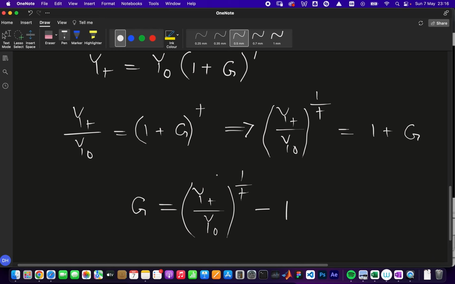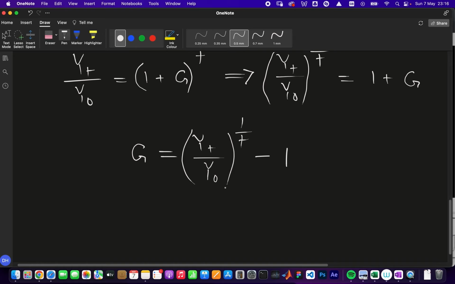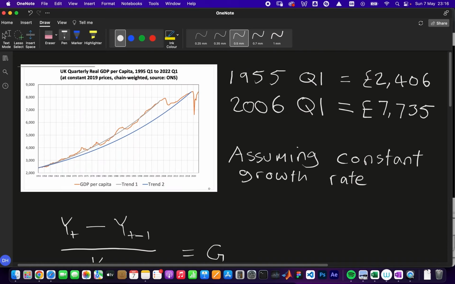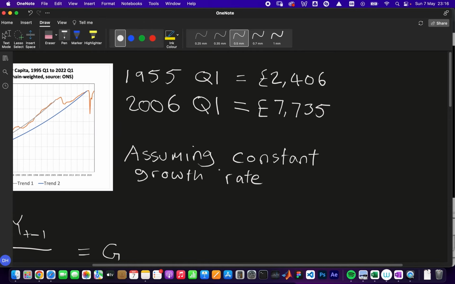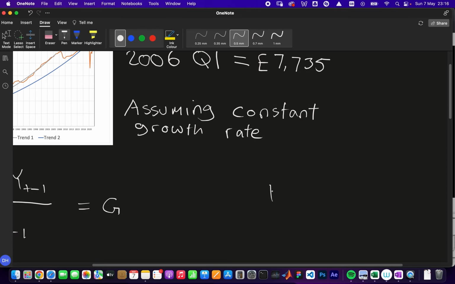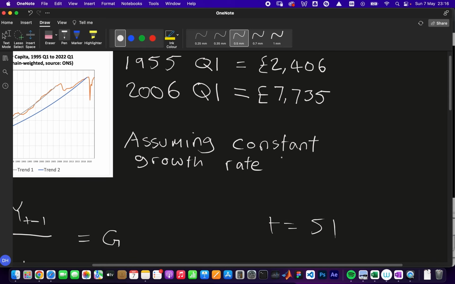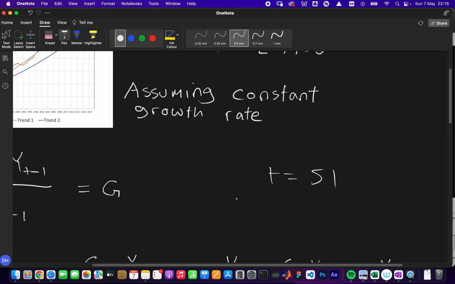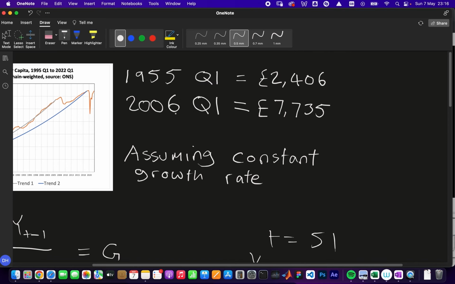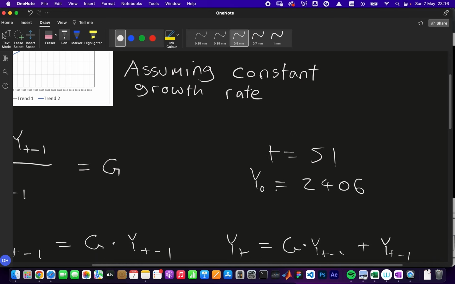Now all that's left for us to do, to calculate the growth rate, is to plug in the numbers. So what have we got? t is the number of years, so 1955 to 2006, we've got t equals 51. y0 is our base year value, so y0 equals 2406. yt is our end value, 7735.